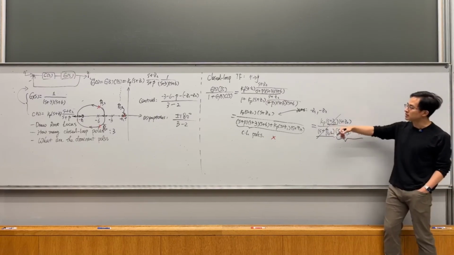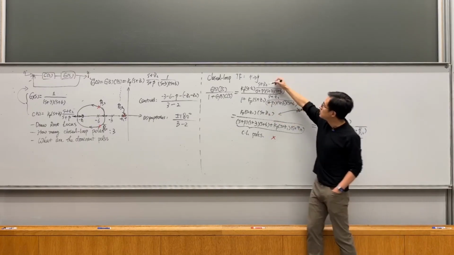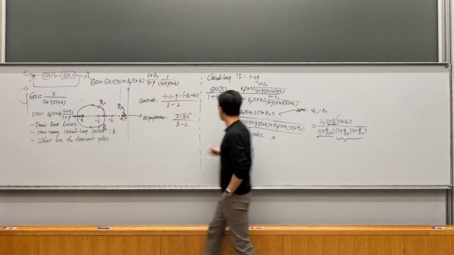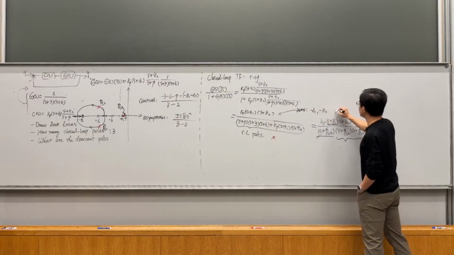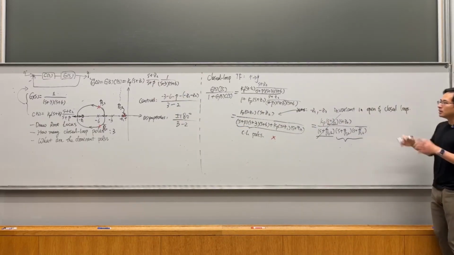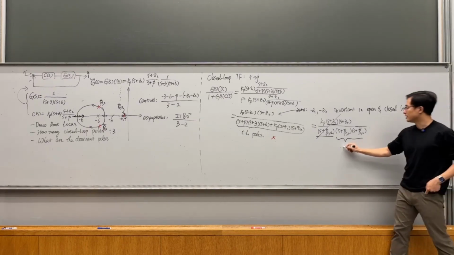You have to think about the key fact here is that the zeros of the system, these zeros are actually invariant in open and closed loop, right? No matter how you design the feedback, the zeros will remain. Whatever you come up with, the open loop zeros, it will remain in the closed loop zeros. So that is why.